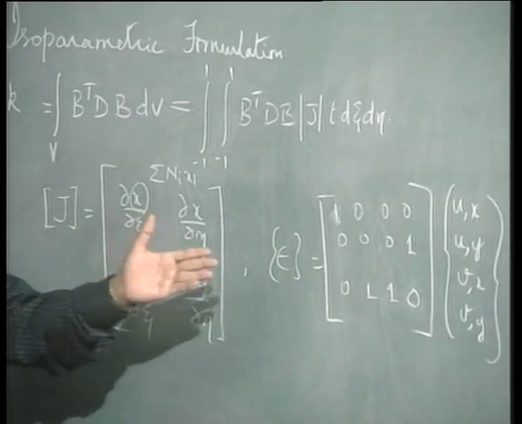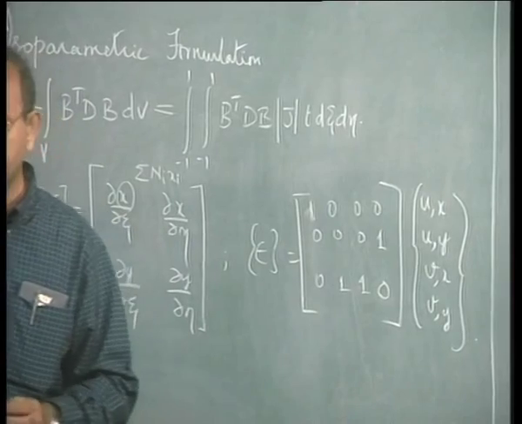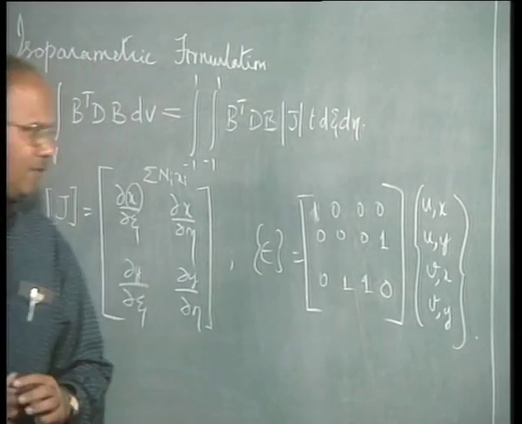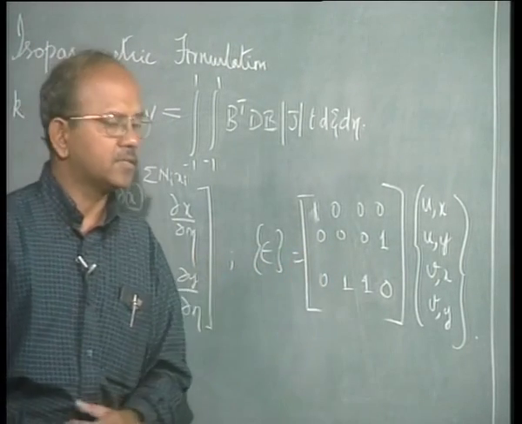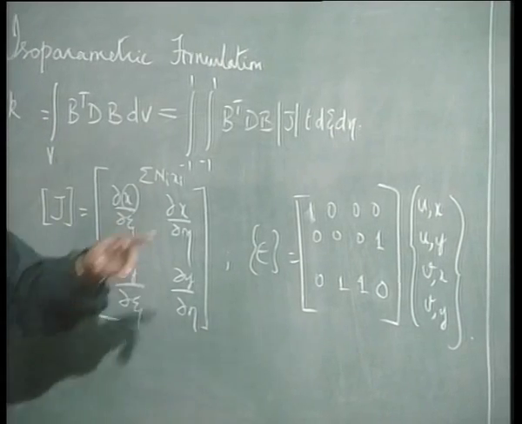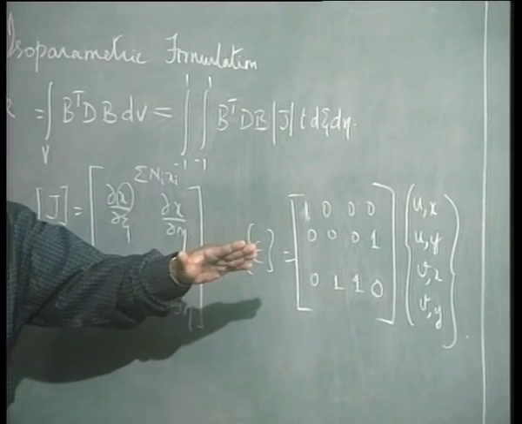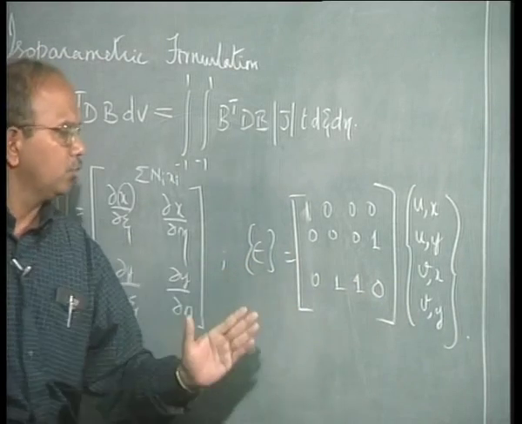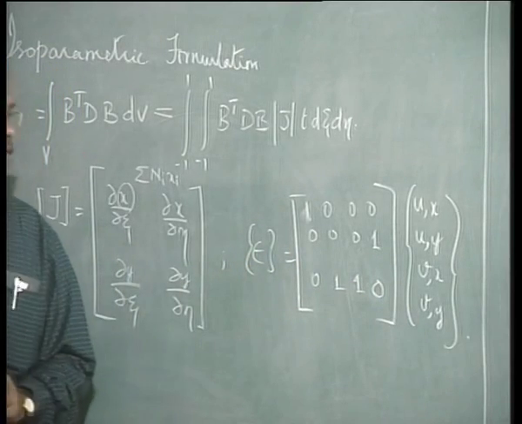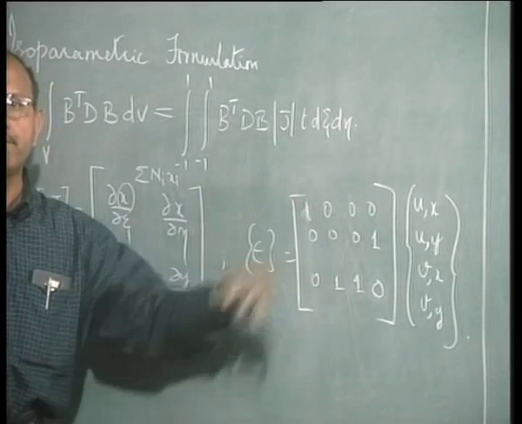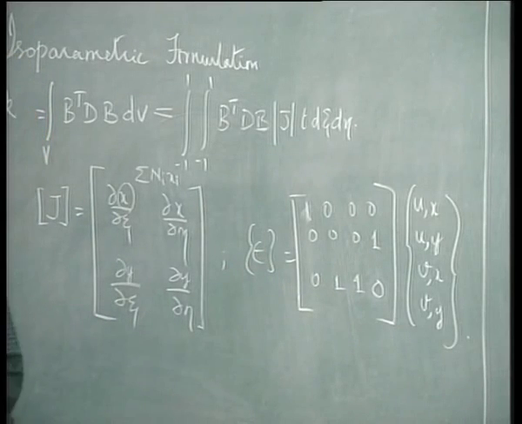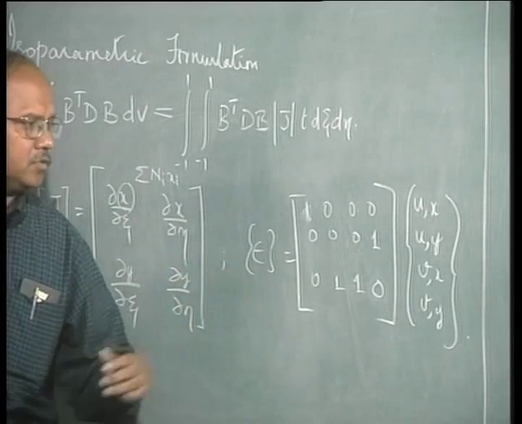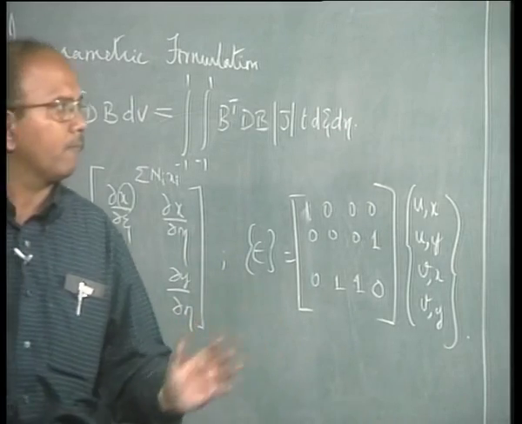to derive the strain matrix. So have a look at the strain matrix. The strain matrix has u comma x, u comma y, v comma x and v comma y. So in order to transform this into a strain matrix, we introduced a matrix of ones and zeros, 1 0 0 0, 0 0 0 1, 0 1 1 0 and so on.